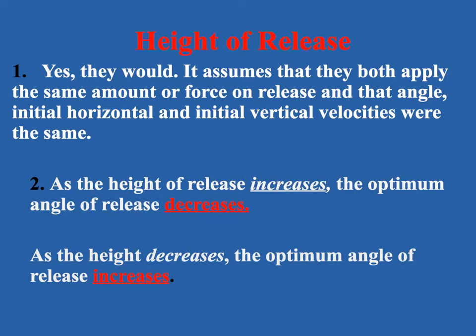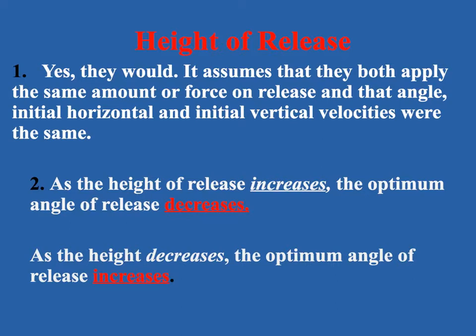Height of release and angle of release are really closely interrelated because looking at a basketball player, the taller he is, he shoots from a lower angle. If you're a shorty, you've got to shoot at a greater angle, and if you're tall, you decrease the angle.